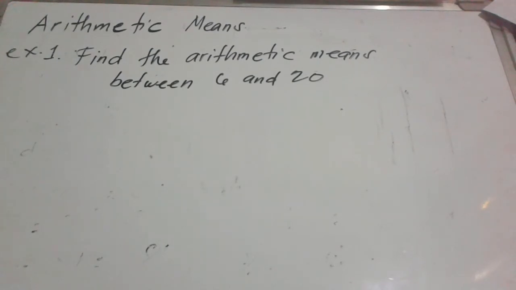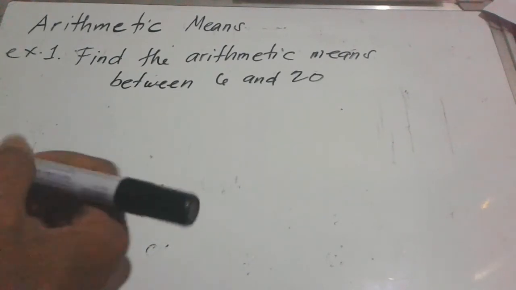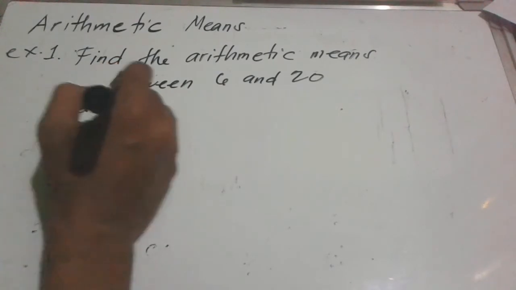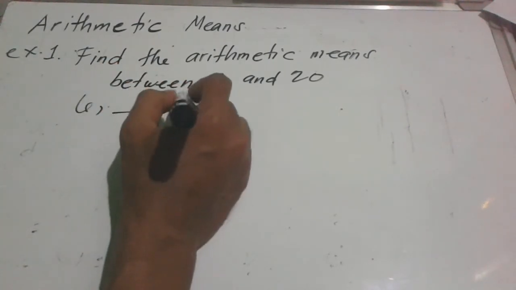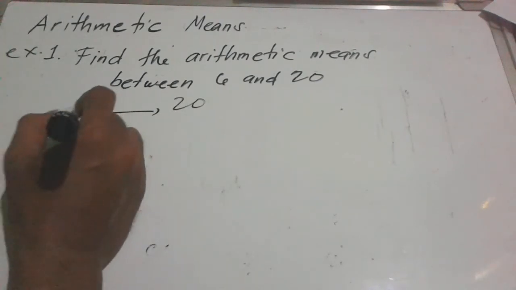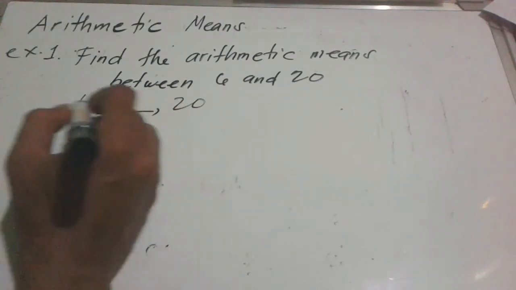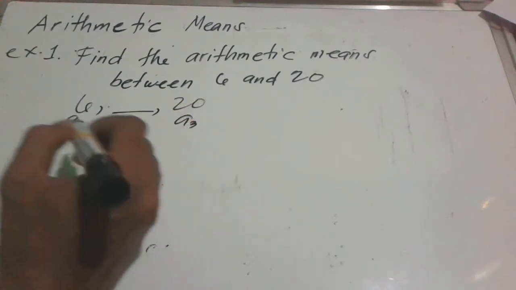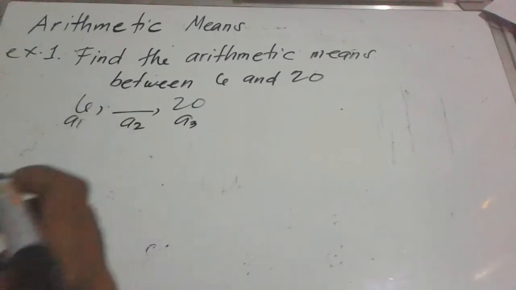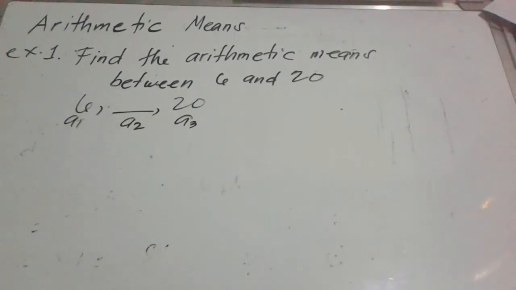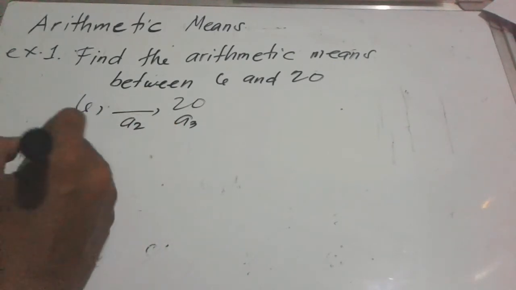Number 1. Find the arithmetic mean between 6 and 20. So, 6, and what is between them: a sub 1, a sub 2, and a sub 3. As we mentioned, to get the term between them, a sub 2 is what we are looking for.